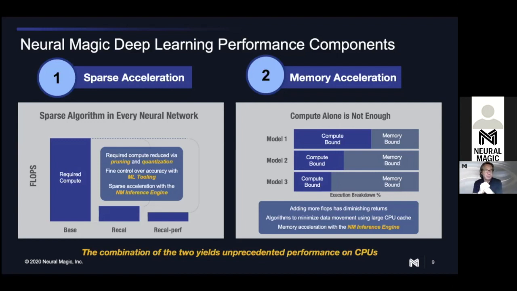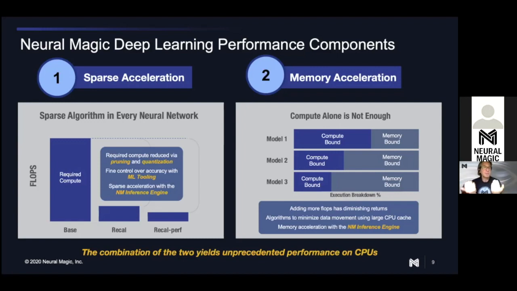And those are different on a model-by-model basis. Now, we can throw flops at this and accelerate the compute-bound piece, and that's typically what hardware accelerators do, but they're still memory-bound. We know this because simply adding flops doesn't lead to a linear increase in performance on those models, because other parts of the models are memory bound. So you need to figure out a way to accelerate that piece too.